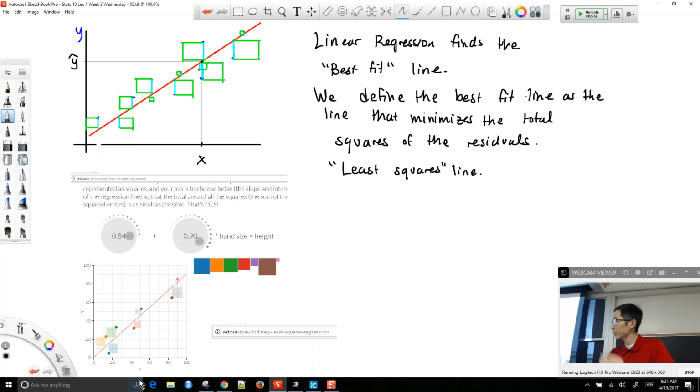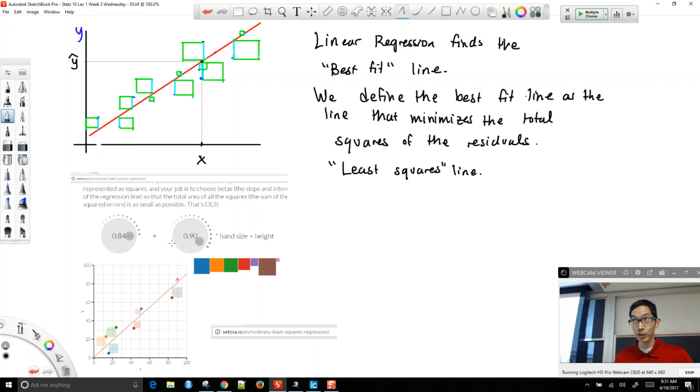Okay, and so that's what we're dealing with. Students sometimes ask, why are we dealing with the squares of the residuals and not the absolute values of the residuals, just the distance? That's because in order to minimize a function, if you've taken calculus, we often want to find where the derivatives are equal to 0.